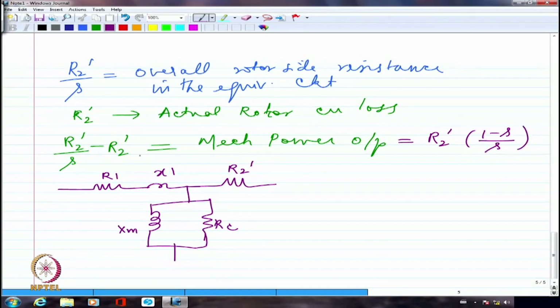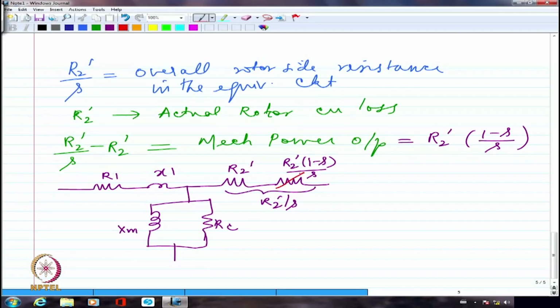Both these together give R2 dash by S. Originally I wrote it as R2 dash by S. Now I have bifurcated it into two different portions. That's all. And please note, this is mechanical power.